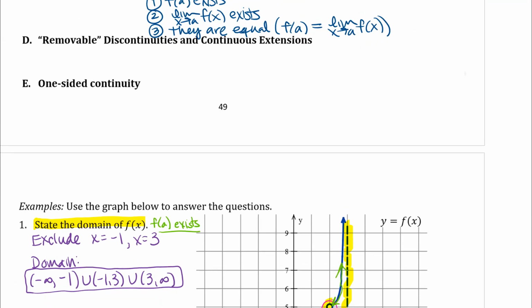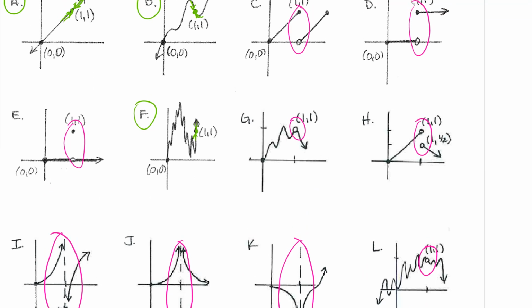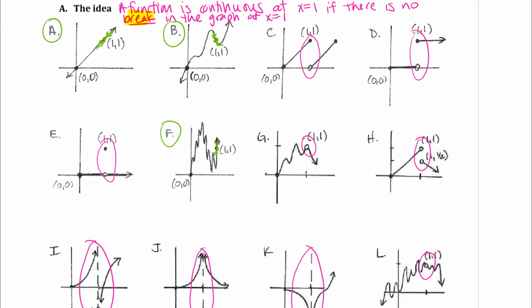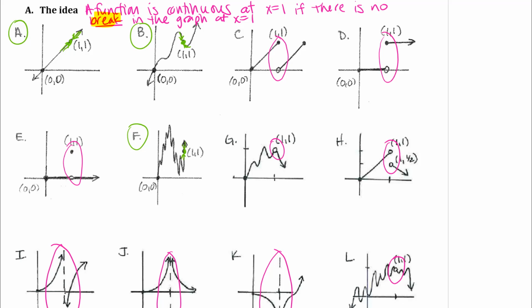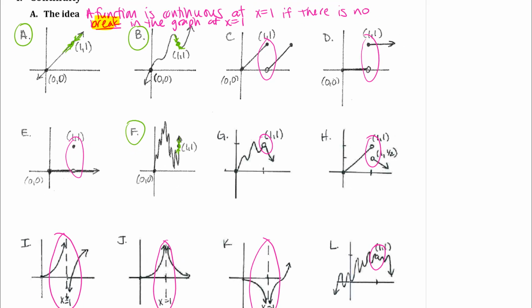So we talked about in these graphs up above that we started off by looking at how there are a lot of different kinds of breaks in the graph at and around x equals 1. And so there are a lot of different ways to classify those discontinuities. Our textbook talks about some, or you might watch some other videos that talk about lots of different ways to classify those.